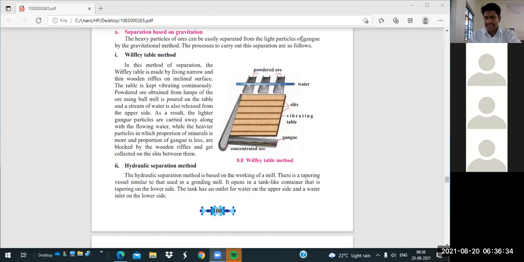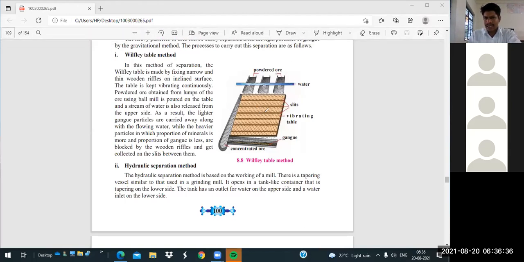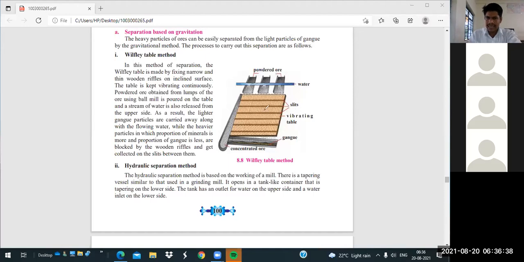They are arranged on the inclined surface, and when it vibrates with the help of electricity and machinery, the impurities present in it go below, and the original metal is separated from it.